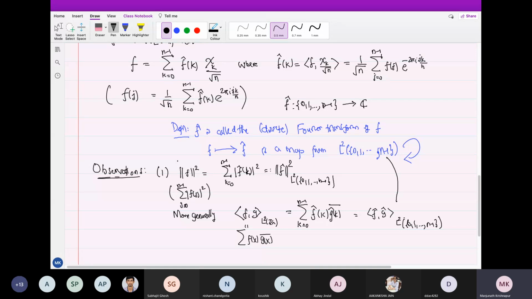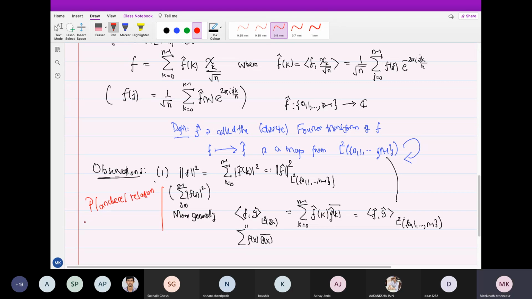So it's actually this transformation which takes f to f hat that is a unitary transformation. It preserves the inner product. This is called the Plancherel relation. We will see these things in more generality, but this is one of the most important things, which will be very useful.